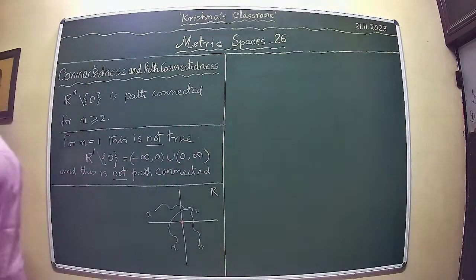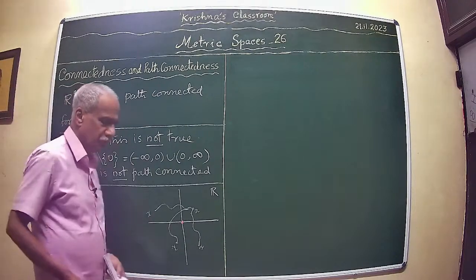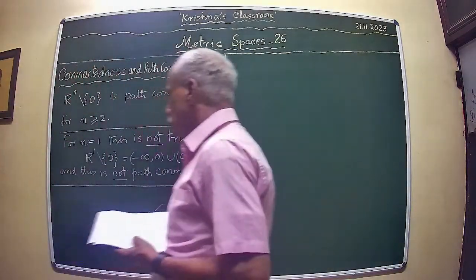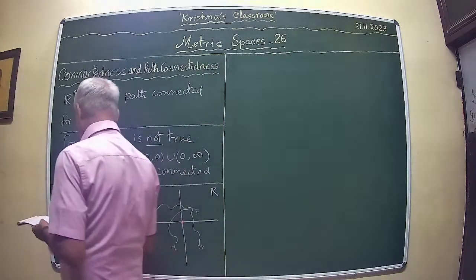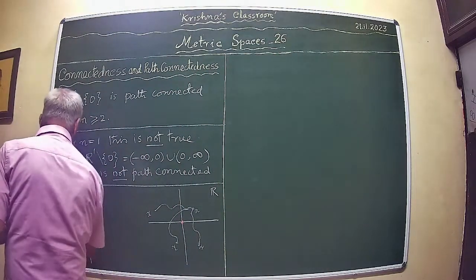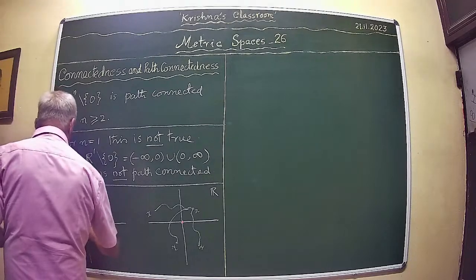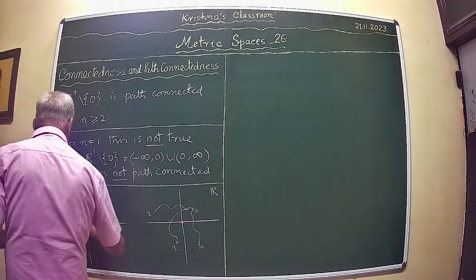But then how to give a proof of this? Now we were trying to work out a proof for this. And the problem that can arise is this. Suppose this is the point that is deleted.